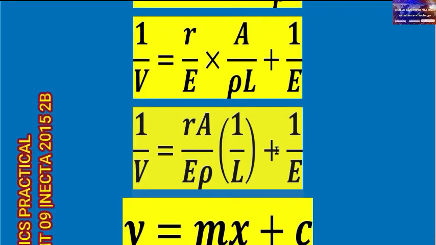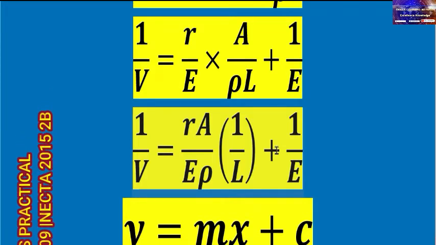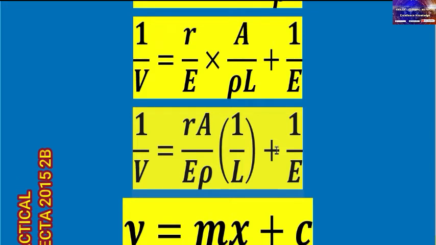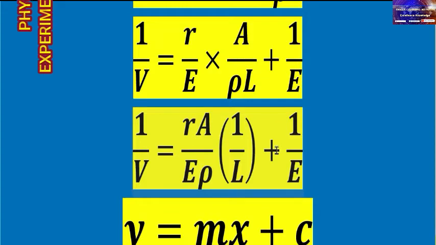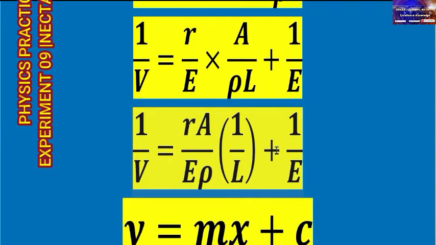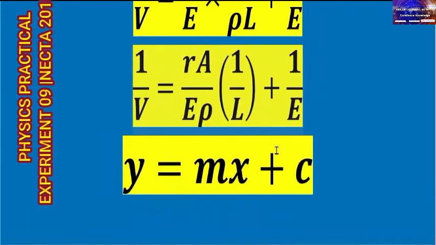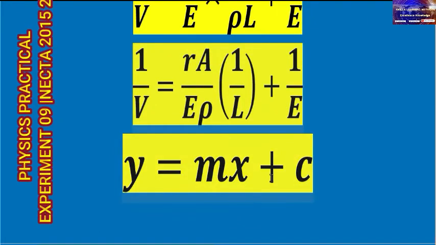You have to derive this before connecting your points, in order to get the best line, to get the nature of a graph, and to get the correct value of slope at the end, which is the best. So y is equal to mx plus c.